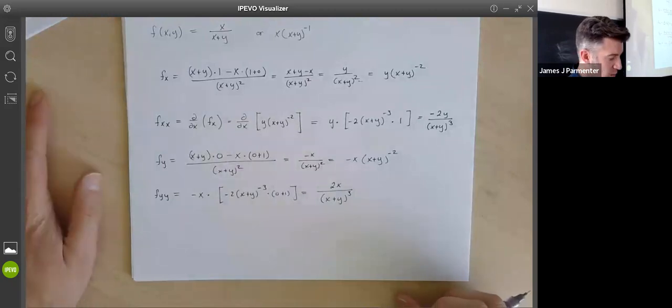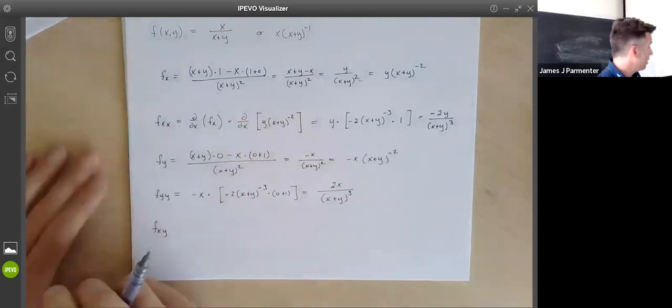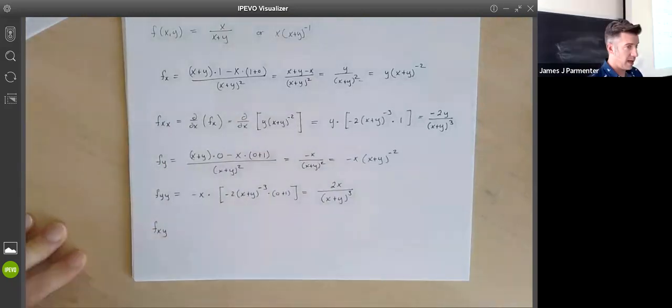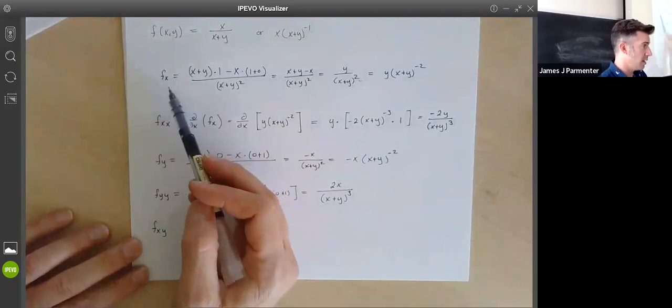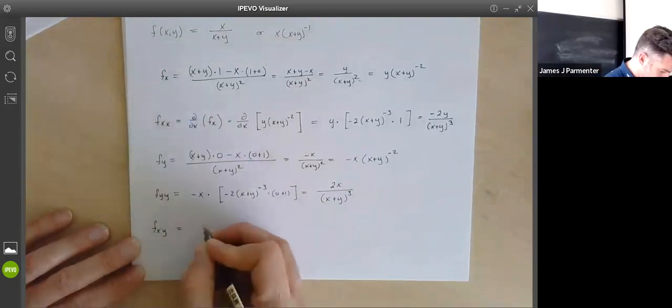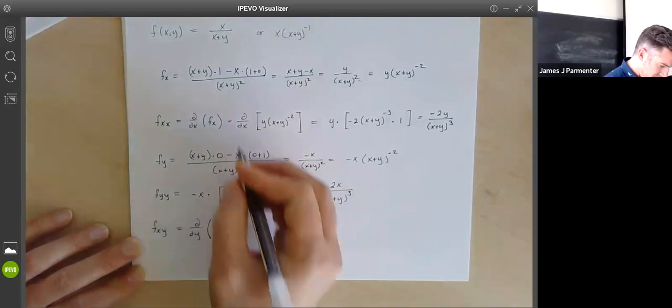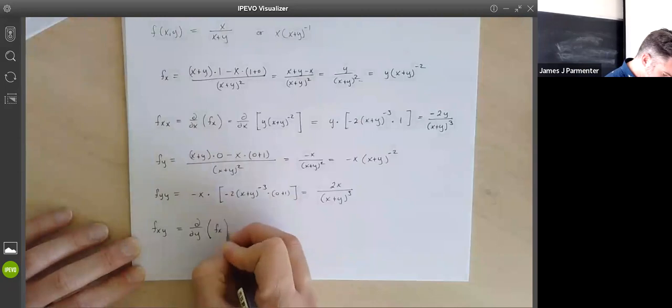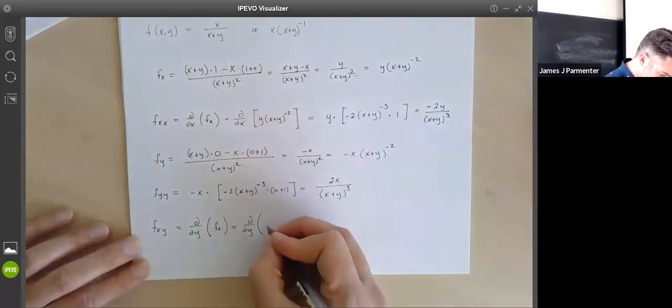Okay, let's find fxy. So for fxy, I'm taking my partial with respect to x and then differentiating that with respect to y. So I would probably encourage you to rewrite this as the partial with respect to y of my fx, which is the partial with respect to y of this mess here.